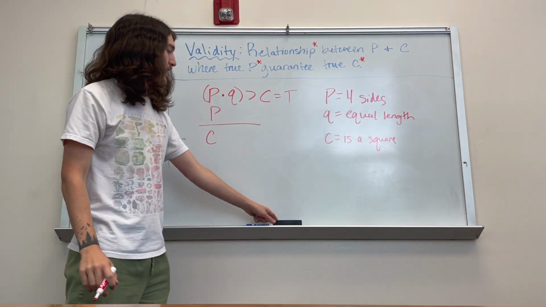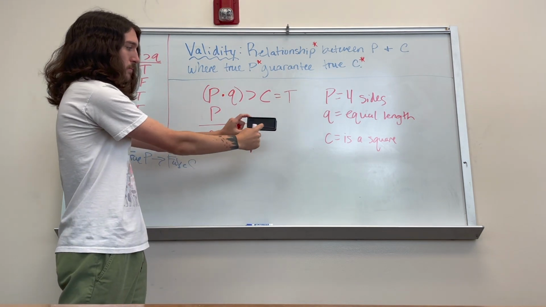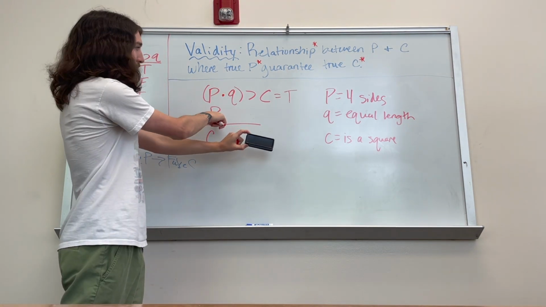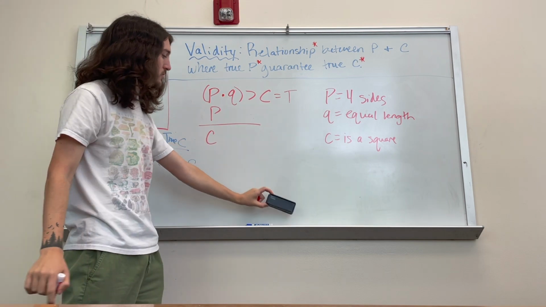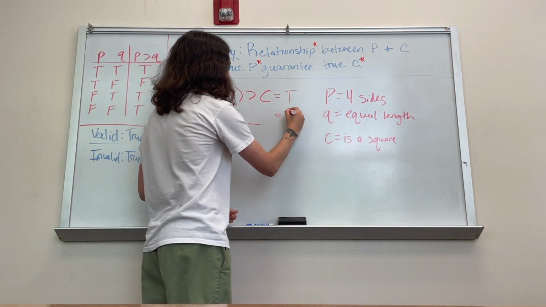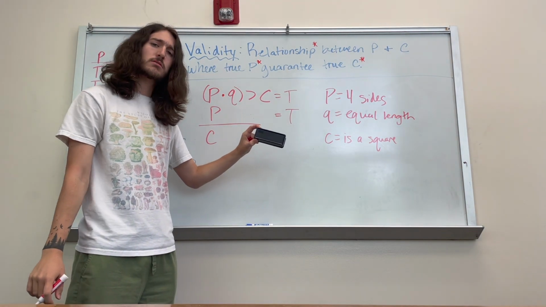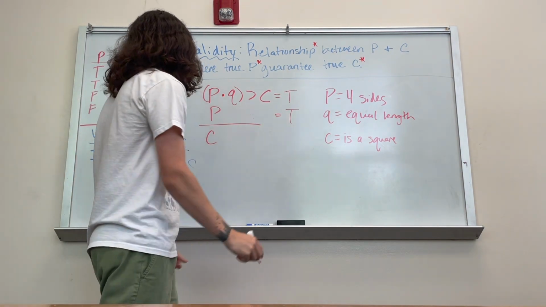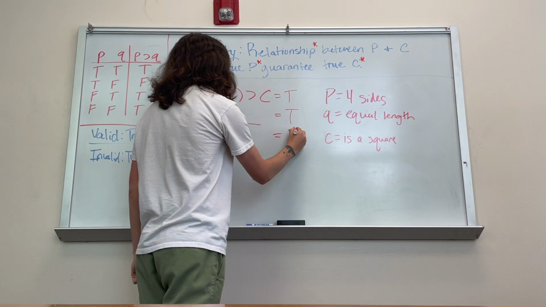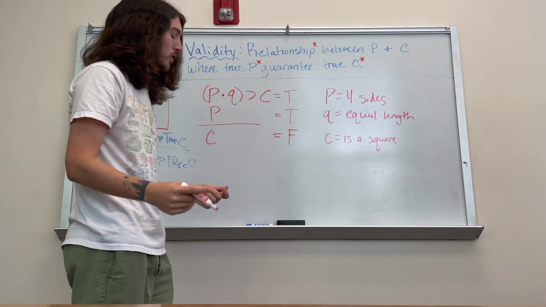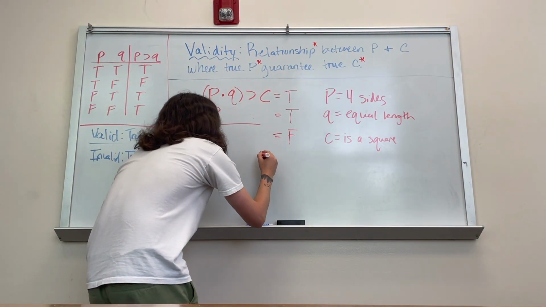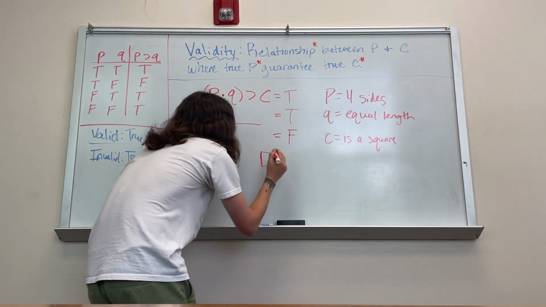So let's say we're looking at this shape right here. This shape fits P. P is true. It's got 4 sides. But is the shape a square? No. Therefore, false.